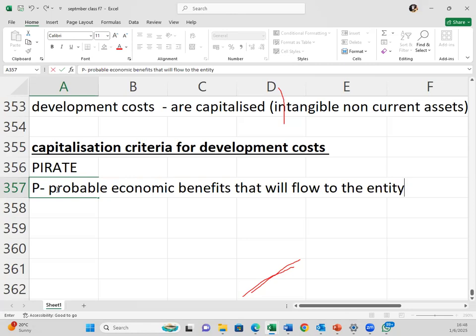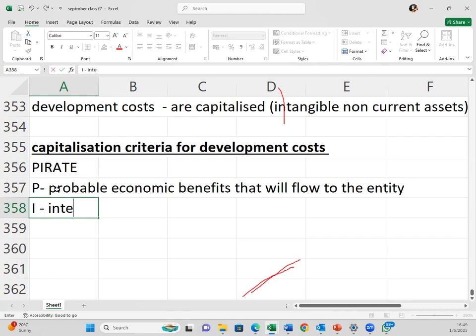We must be expecting that if we develop this, we will receive economic benefits from the development.